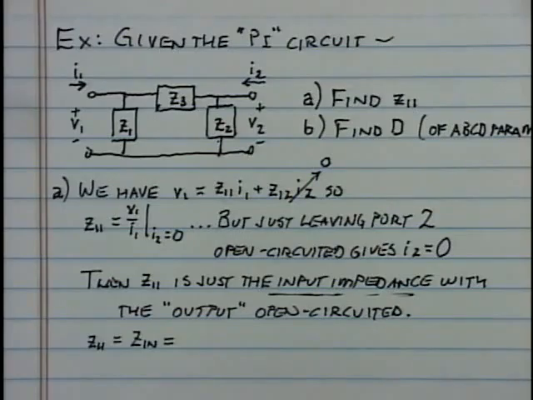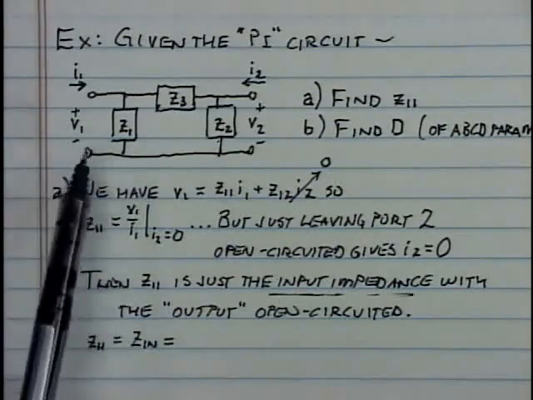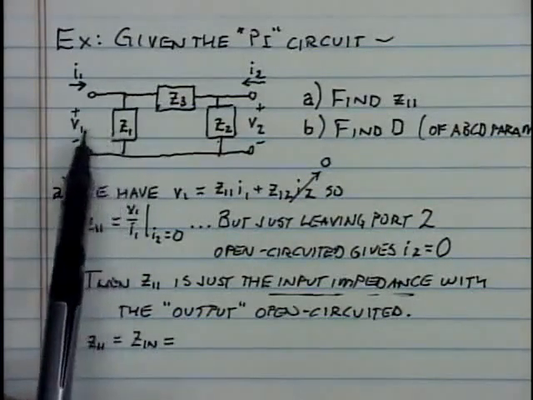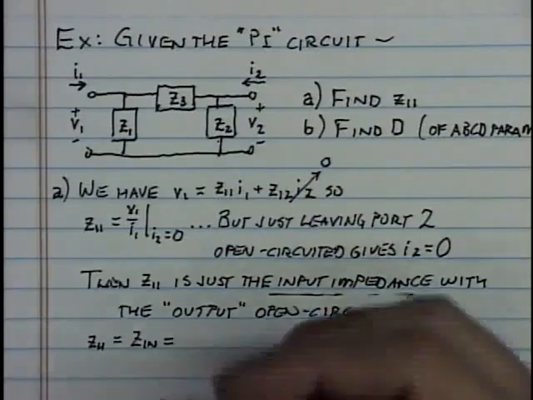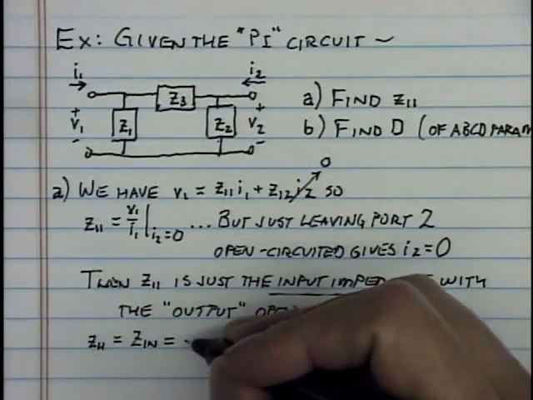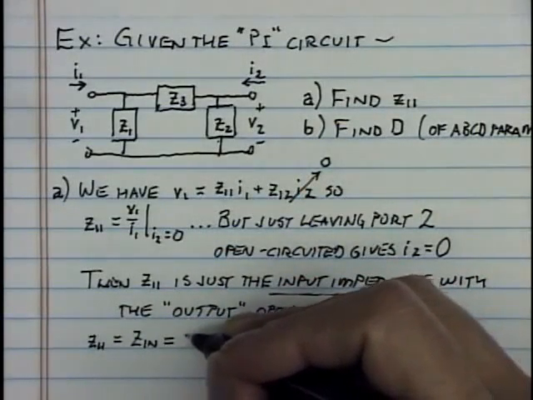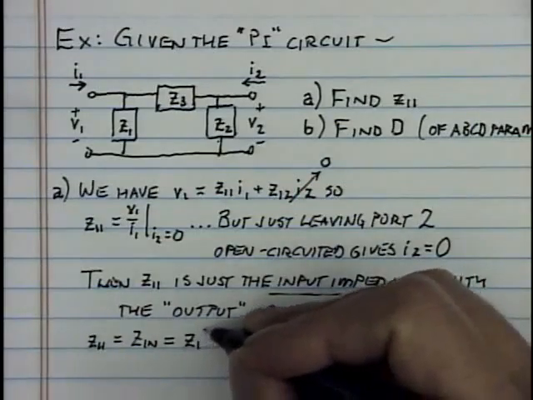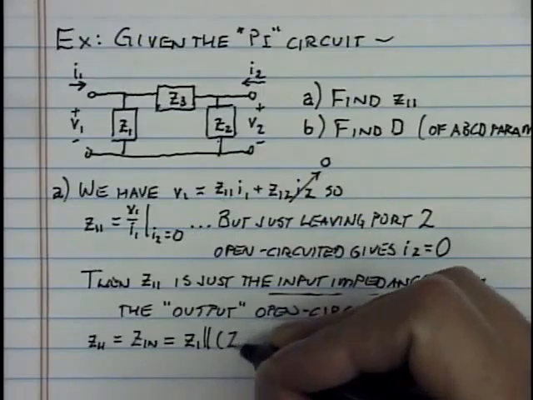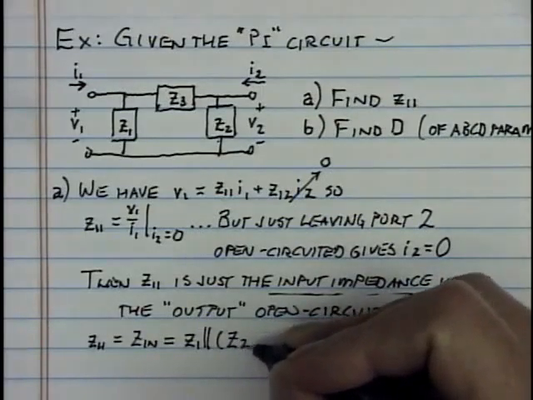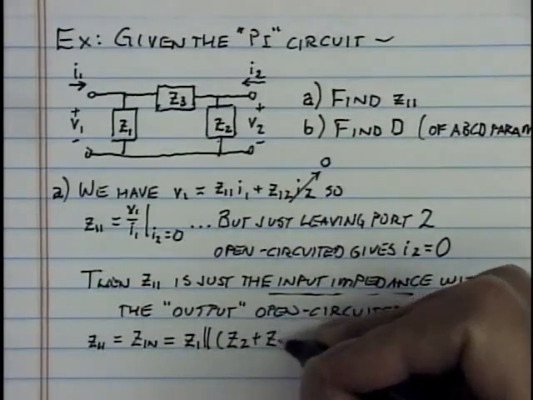So the moral of the story is the input impedance is Z1 in parallel with the series combination of Z2 and Z3. I write that in this way. The input impedance is Z1 in parallel with the series combination of Z2 and Z3.